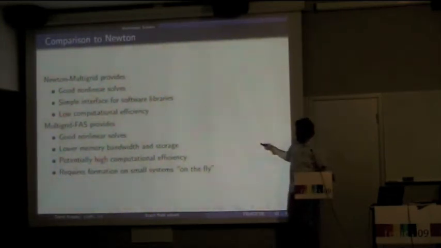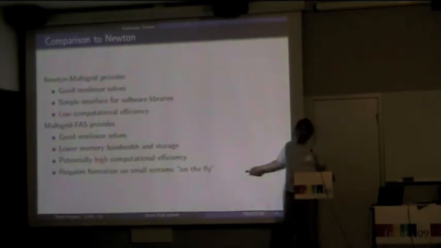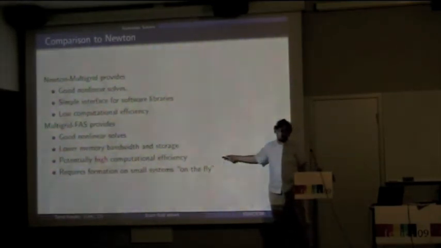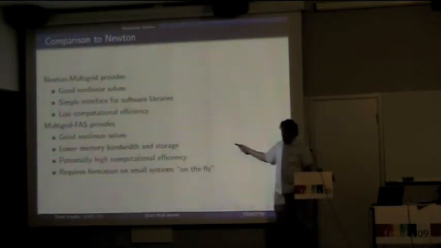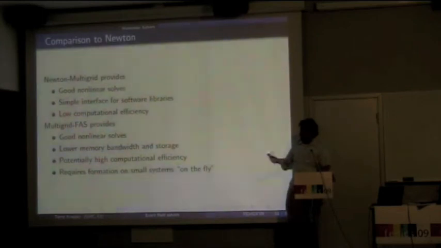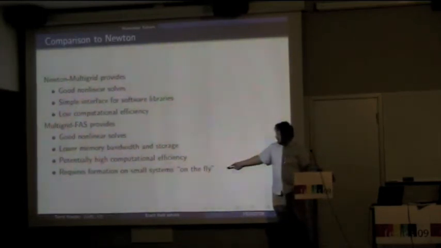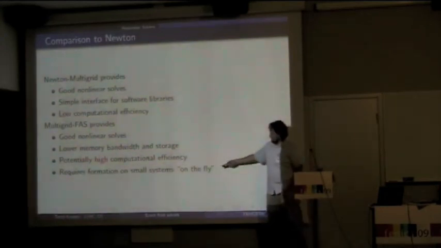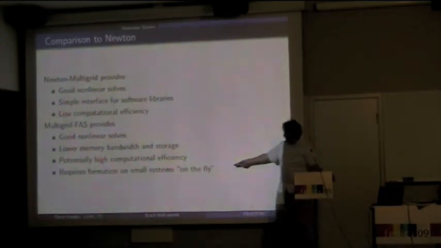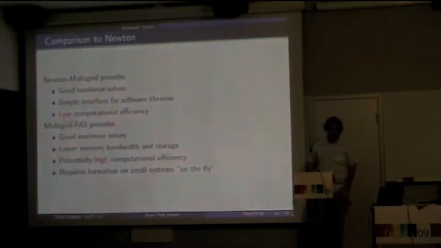We have good nonlinear solves, lower bandwidth, and potentially high efficiency, meaning we know how long it will take to solve an equation. We've known since the 70s, but we've ignored it because it took so long to do in the 70s, that maybe it's realizable today. But one thing that we can certainly do to make it solve bigger systems is start looking at smaller systems on the fly and bring them into bigger systems as well.